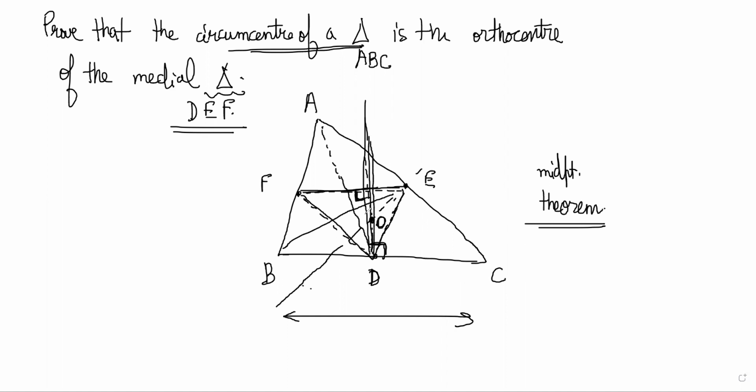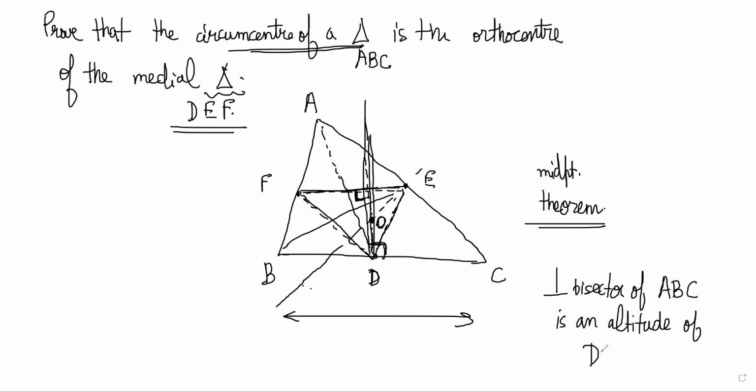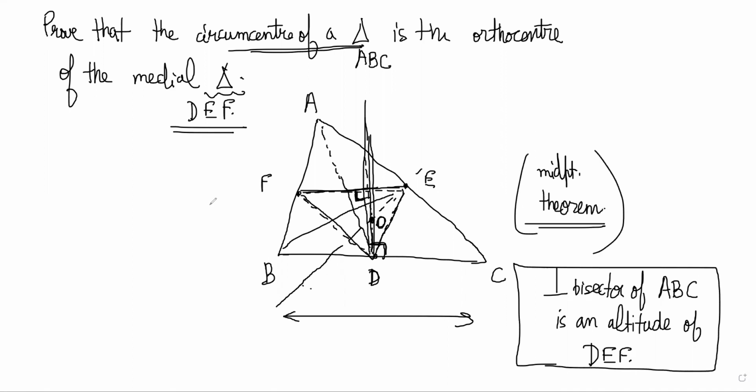Therefore, that line is an altitude. The perpendicular bisector of the big triangle ABC is an altitude of triangle DEF, right? That is the main thing. If you get that, that comes because of the midpoint theorem, then you will be able to say that the circumcenter of the big triangle is the orthocenter of the medial triangle, right?